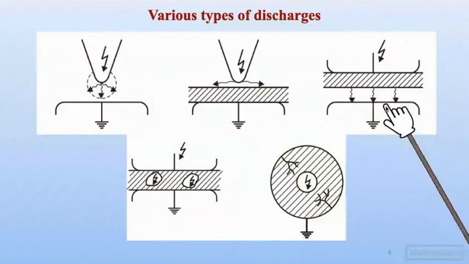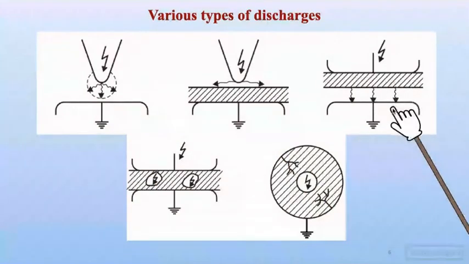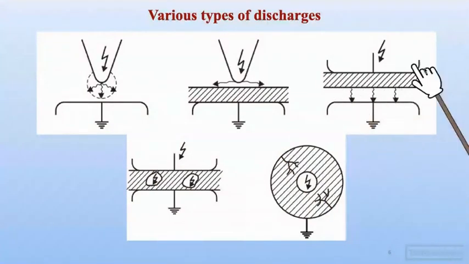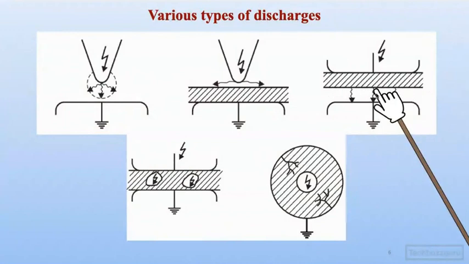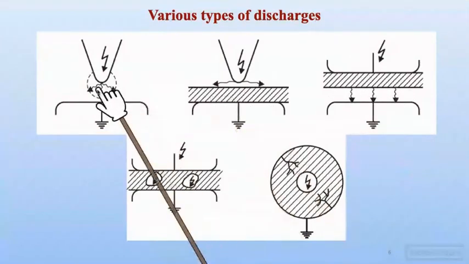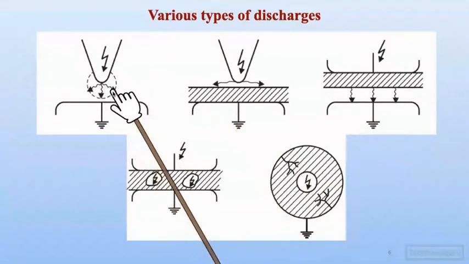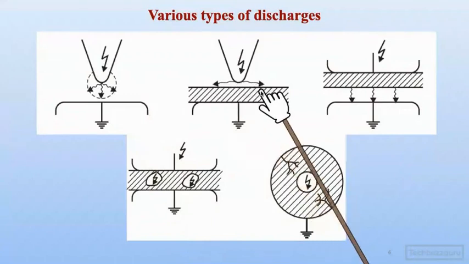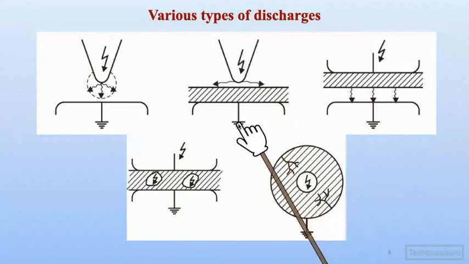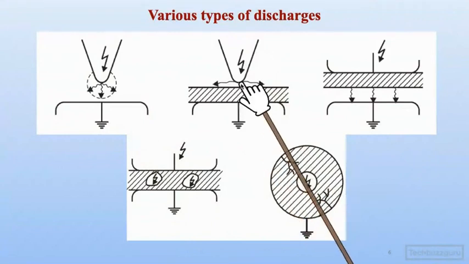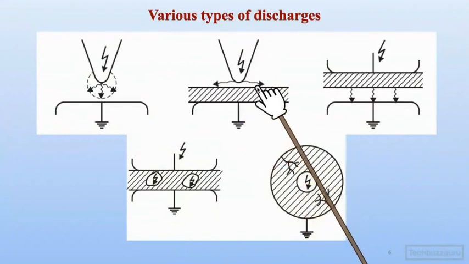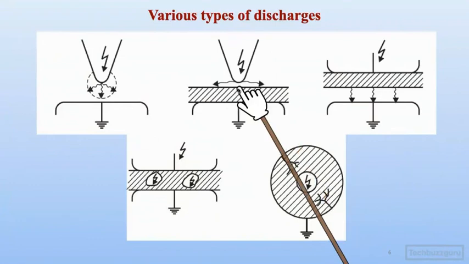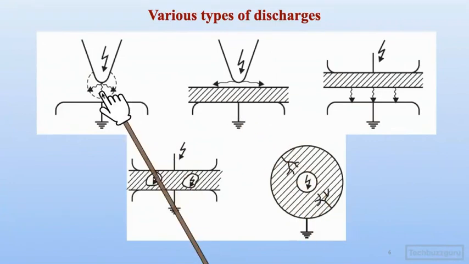Then these are two plane electrodes where there is an insulator sample shown by the hashed line, and the wavy arrows indicate partial discharges. High voltage is applied across these electrodes, but conduction through the gap takes place, causing some amount of impulse current to result here.